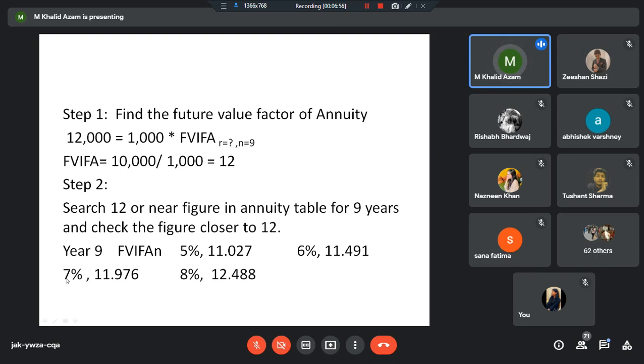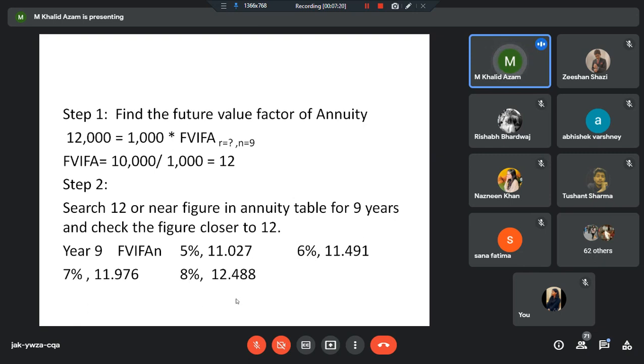So the rate of return or the rate of interest you are getting will be 7%, very close to 7%, though it will be slightly beyond 7%, just a very small percentage. So it may be 7 point something.